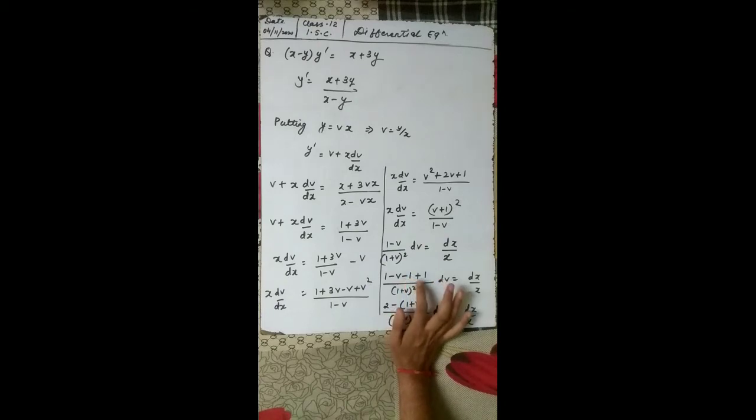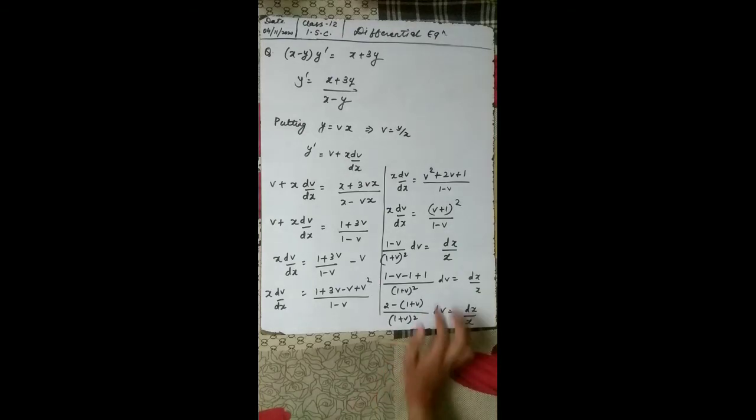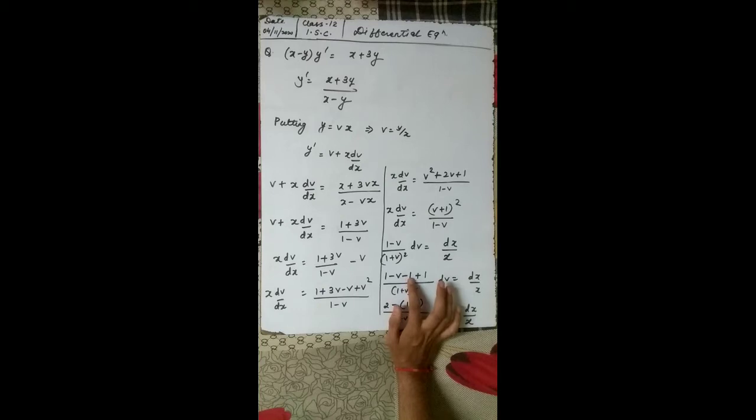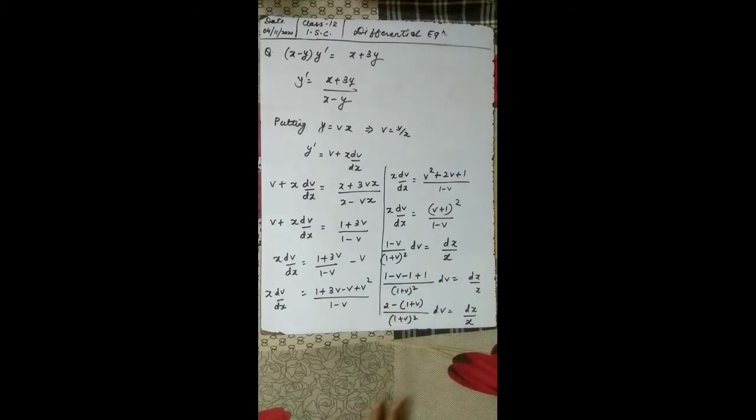Okay, now in the numerator I'm subtracting 1 and adding 1. Why? So that I may get 1 plus v, and when I separate this from 1 plus v the whole square, one thing will be cancelled. That is why we're using this logic, subtracting 1 and adding 1 in the numerator.